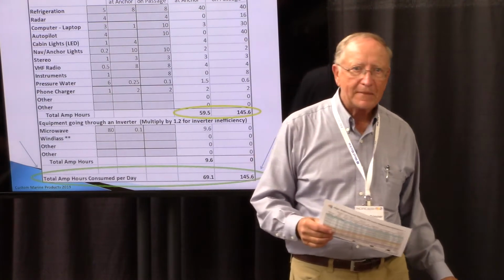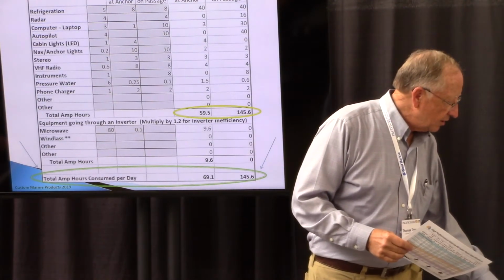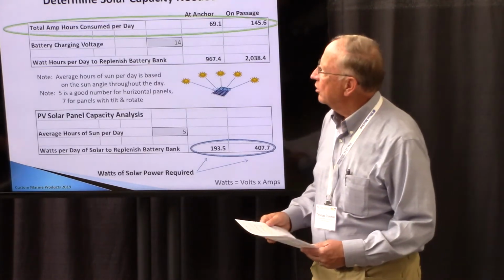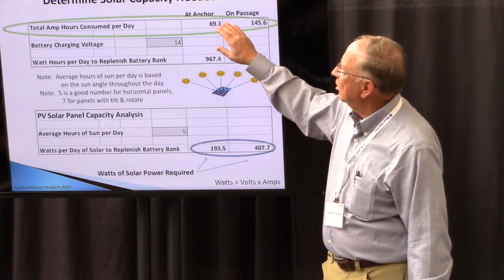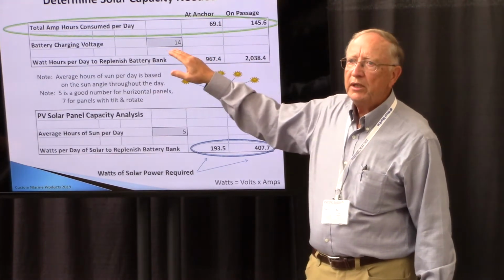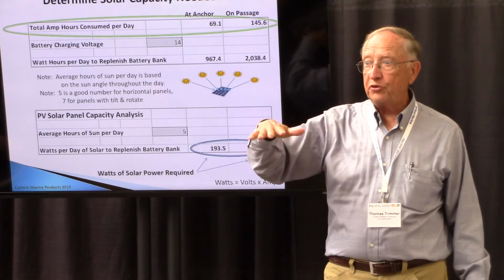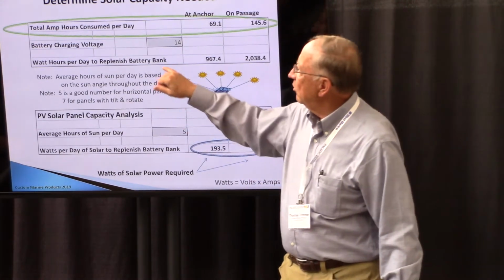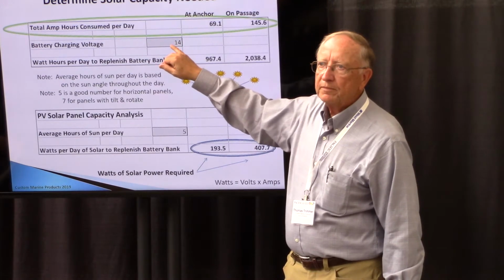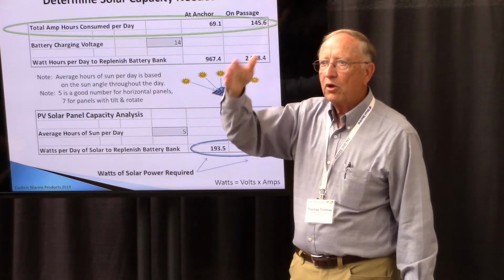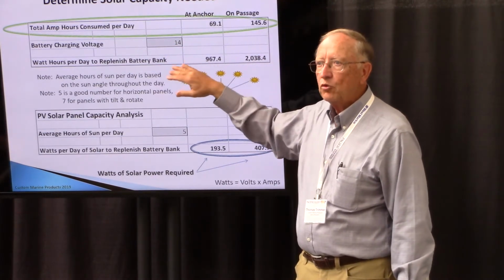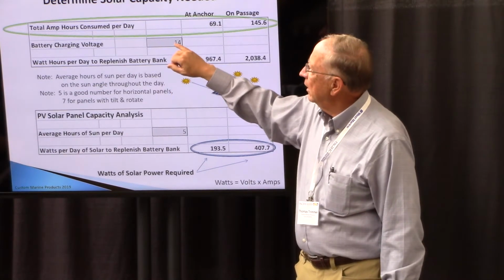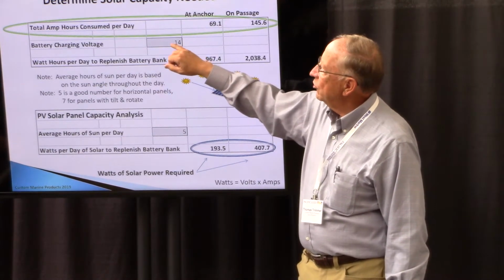Got it? Okay. So once we know our amp hours, we ask, what kind of voltage do we have in our boat? We're a 12 volt boat. I like to use a battery charging voltage of 14; for a 24 volt boat it would be 28 volts. So that's our voltage.